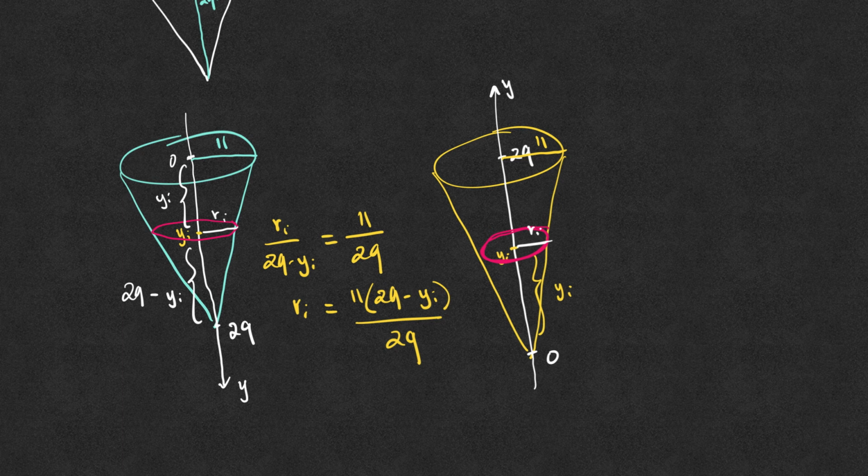So the ratio that we obtain this time is r sub i over y sub i equals 11 over 29. And so again, the radius over the height, the radius over the height. Isolating r sub i, we have r sub i equals 11 times y sub i over 29.